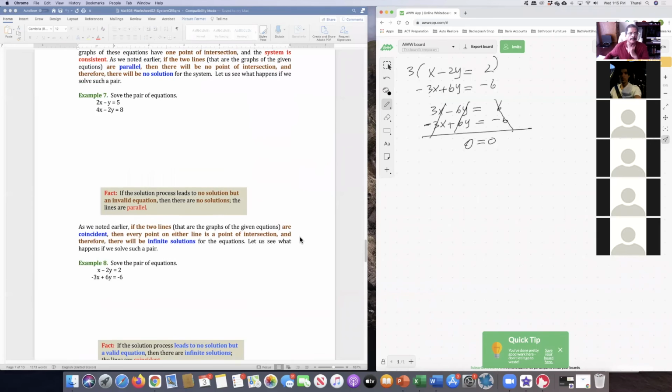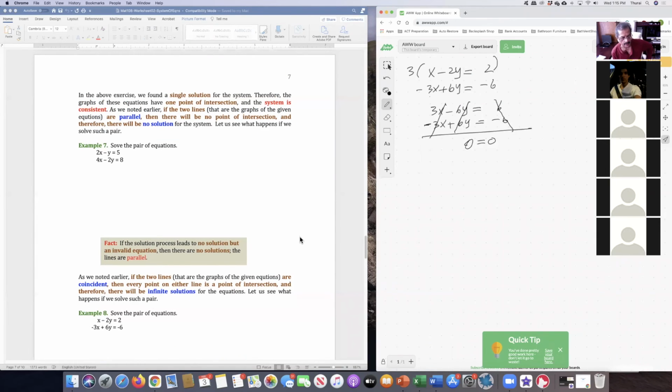So if you need to use the elimination method to determine whether they are parallel lines or coincident lines, we can do that. Simply use the elimination method to solve. If there is one solution, that means the system is intersecting. If this method leads to an invalid equation, no solution, that will indicate that there is no solution and therefore the lines are parallel.